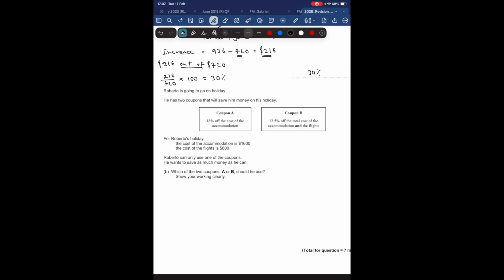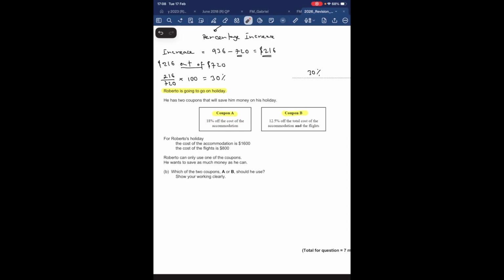There's a lot of information to unpack in the next part of the question. We've got a different person this time, Roberto, who's going on holiday, and he's basically got two options. He can either use coupon A or coupon B. In coupon A, he's getting 18% off the cost of the accommodation only.